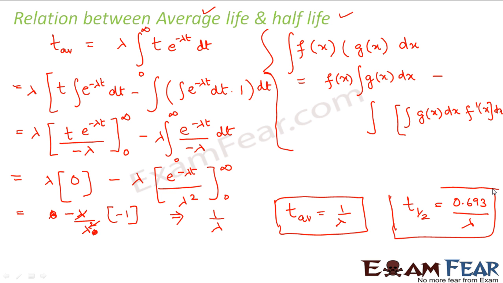So from these two expressions, we can write 1 by lambda as 0.693 divided by T half. So we can write T average is equal to T half divided by 0.693. So this is the relationship between average life and half-life of a radioactive sample.